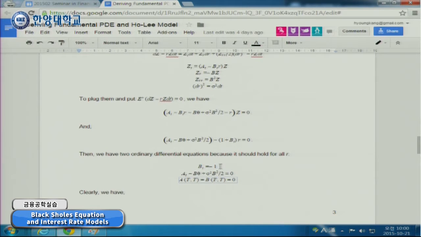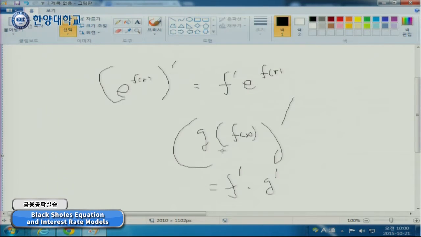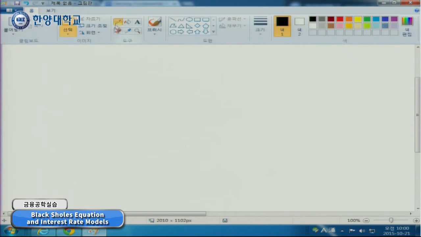First, let's start with the easy one, B_t. B_t is minus 1. Well, this is very easy, which means that B is minus t plus something.